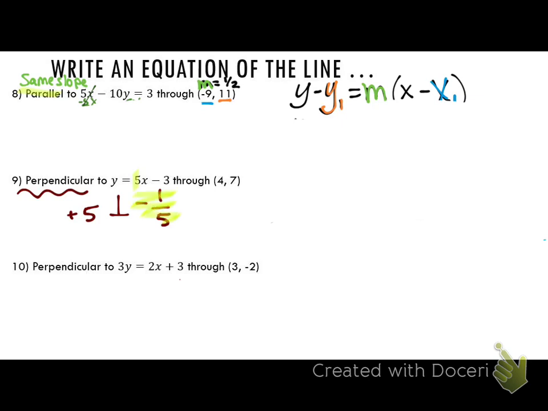So we're going to use negative 1/5 as our slope, and we're going to use our point in the point slope formula. y minus y1 equals m times x minus x1. So what is my y coordinate? 7. And then we said our perpendicular slope is negative 1 over 5.